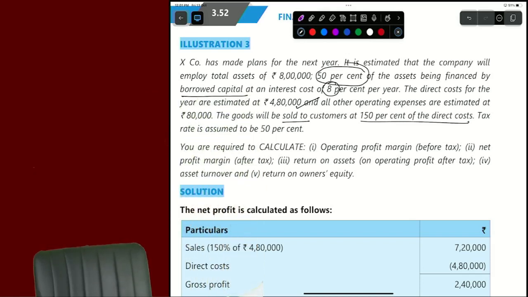Operating profit margin. Listen. If you remember, originally we have written 6 types of ratios, correct? Please come to that place once. Come to sales profitability ratios.